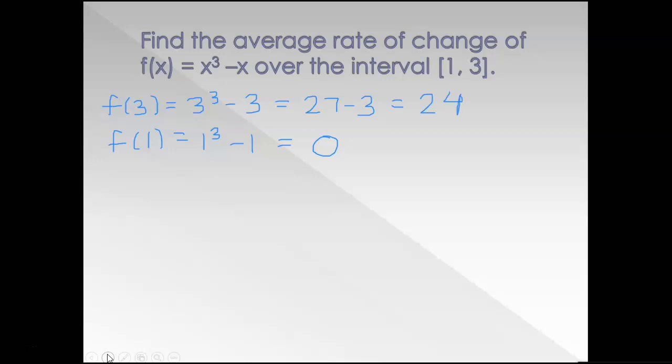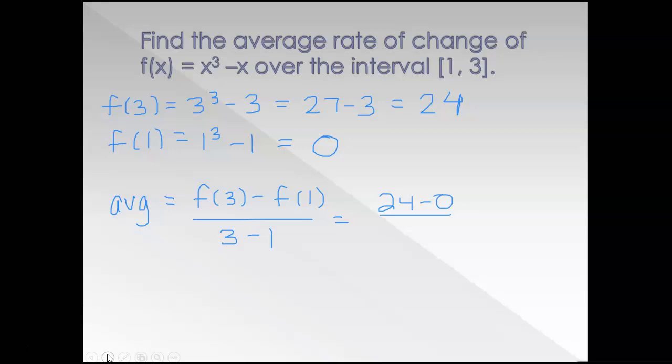So you have f of 3, which is equal to 27 minus 3, or 24. F of 1, which is equal to 0. So the average rate of change is equal to f of 3 minus f of 1 all over 3 minus 1, or 24 minus 0 over 2, or 12.